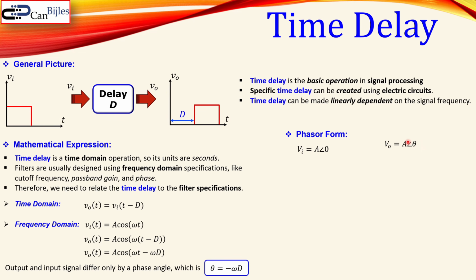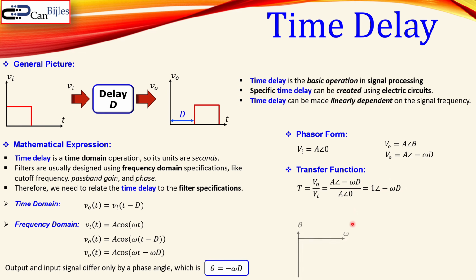And there's also some specific phase, which is in this case again the theta. And this theta is also minus omega d. So the transfer function, which is the output over the input, that is given by this T, is then written like so. And you see here that the A's will cancel, it is just 1, and you have now here directly the expression only as a difference in the phase.